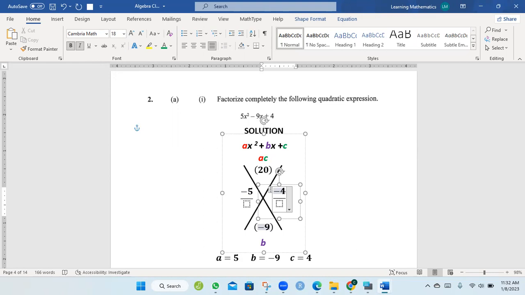Now, the next step is to divide these two numbers by a. A comes below here. So a is 5, so we have to put 5 here, and 5 here.